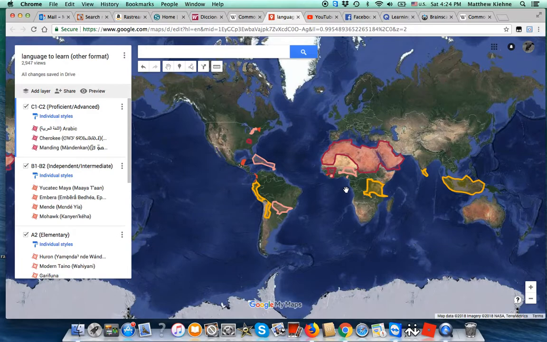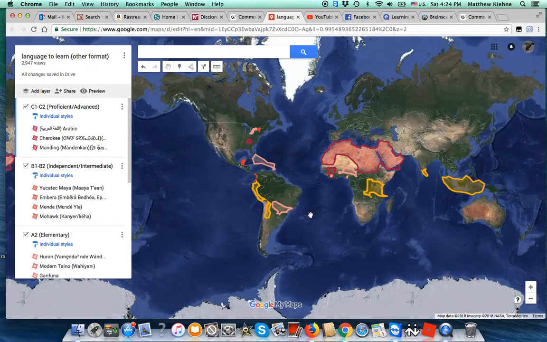So size slash notoriety has a lot to do with practicality. The bigger languages obviously have more of a chance for survival, and also they're easier to learn because there are more speakers and they're spoken, in some cases, in large regions of these continents.